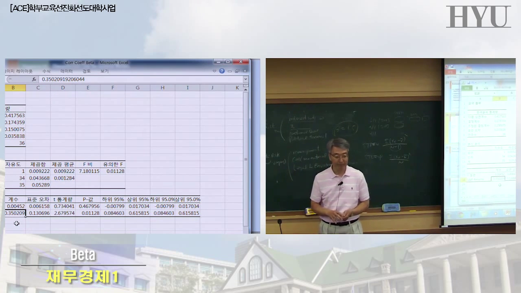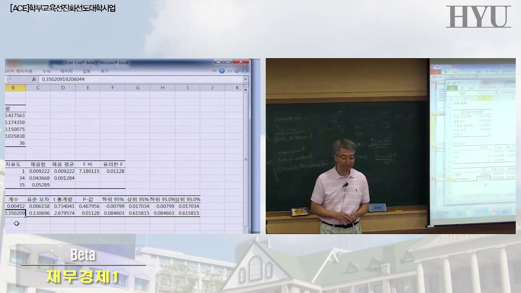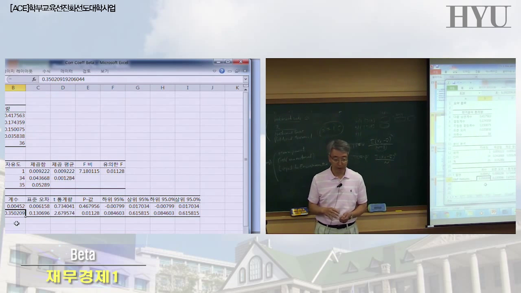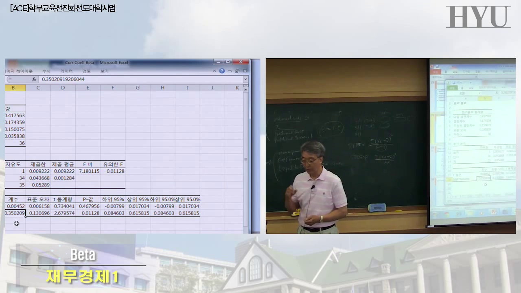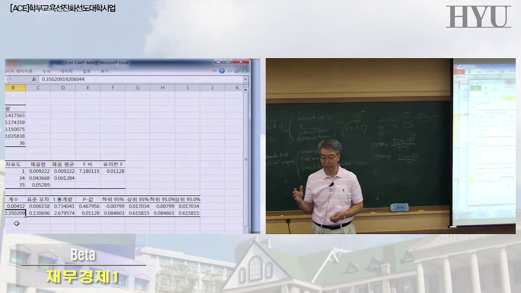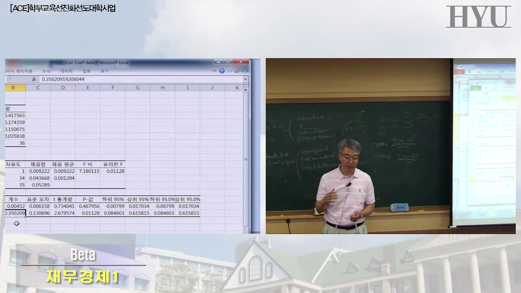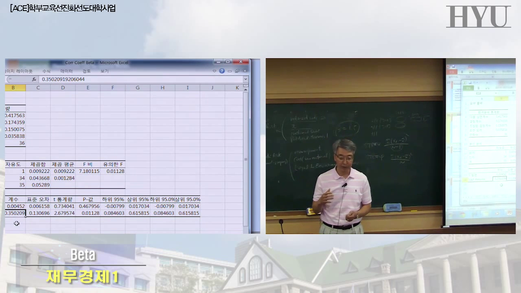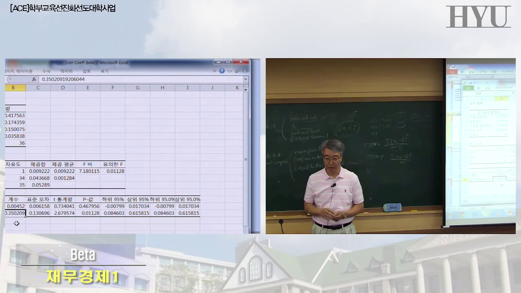If S&P increased by 1%, then the PG increased by 0.35. We're talking about returns, right? So if the overall market returns improve by 1%, you can expect Procter & Gamble return to increase by about 0.35%. Okay?